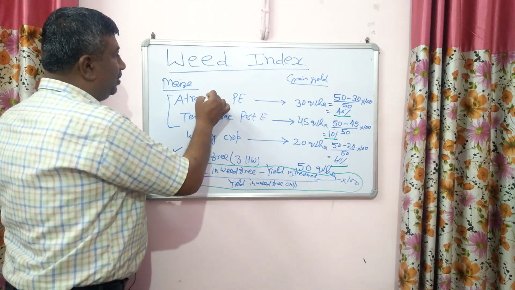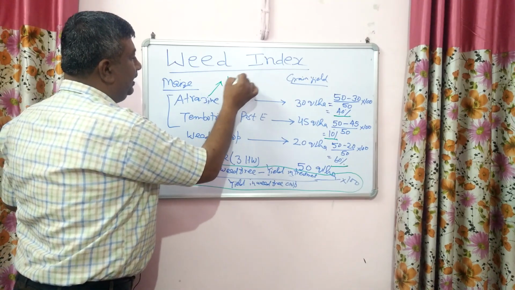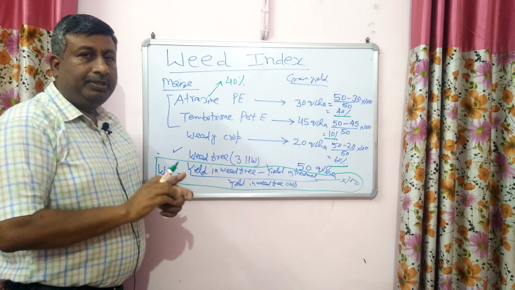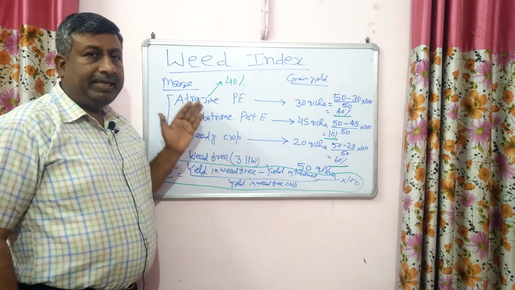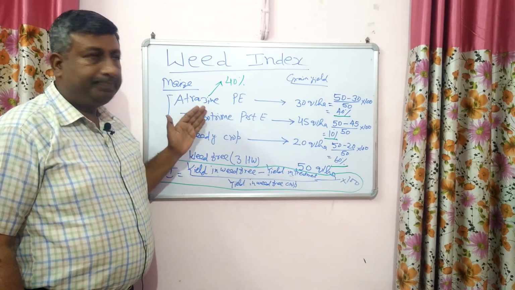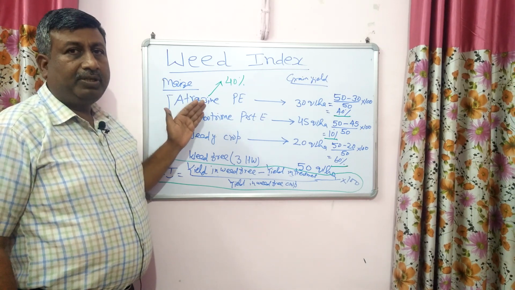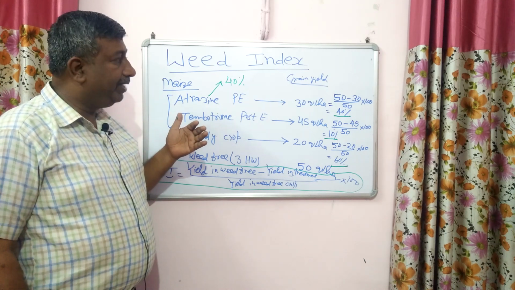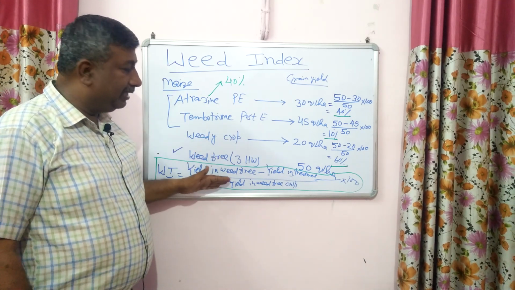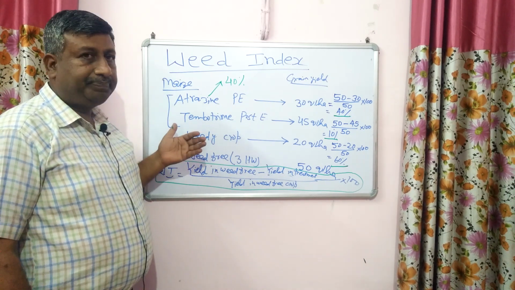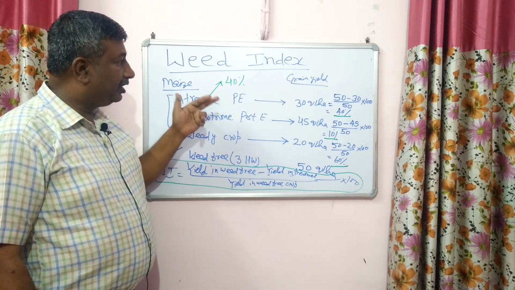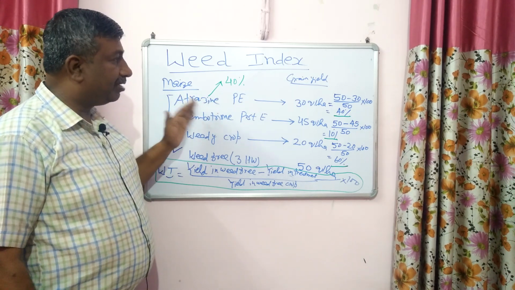So when we talk about atrazine, the atrazine weed index is 40%. It means in the atrazine treated plot, the yield is reduced by 40% of weed free crop. Whatever yield is obtained in weed free crop, 40% reduction of it occurs in atrazine.